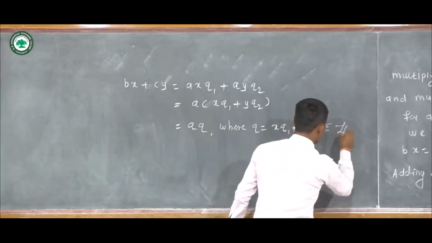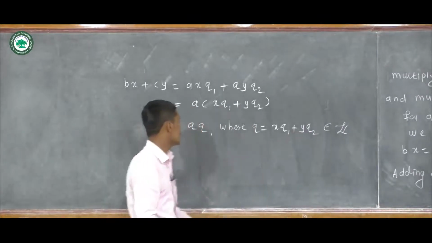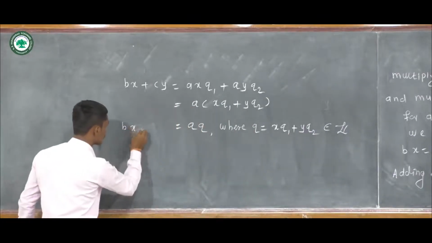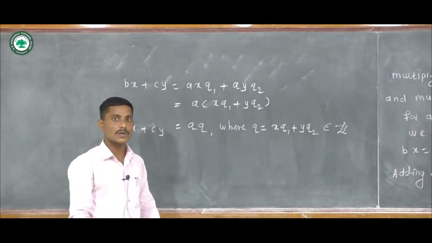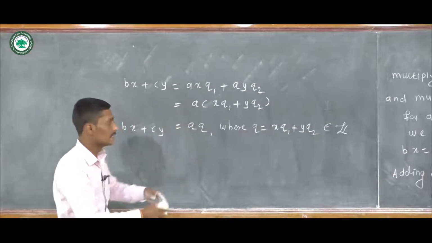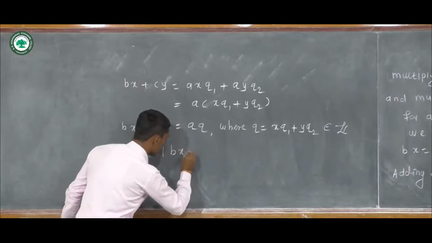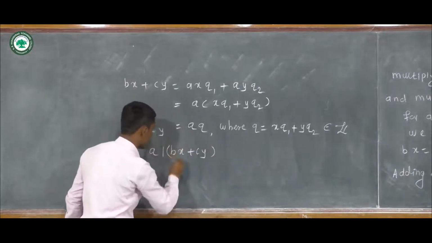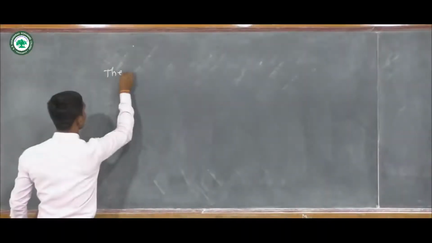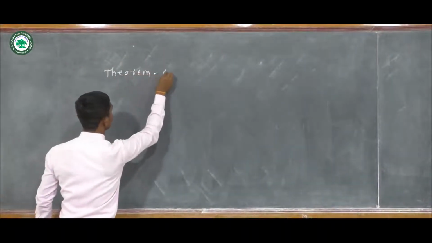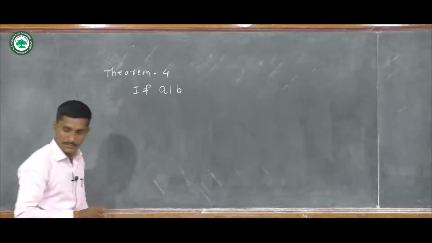That is, q is equal to x into q1 plus y into q2 belongs to Z, and here we prove bx plus cy is equal to a into q, and by the definition of divisibility, if we remove q, then it can be symbolically denoted by a divides bx plus cy, hence the proof.